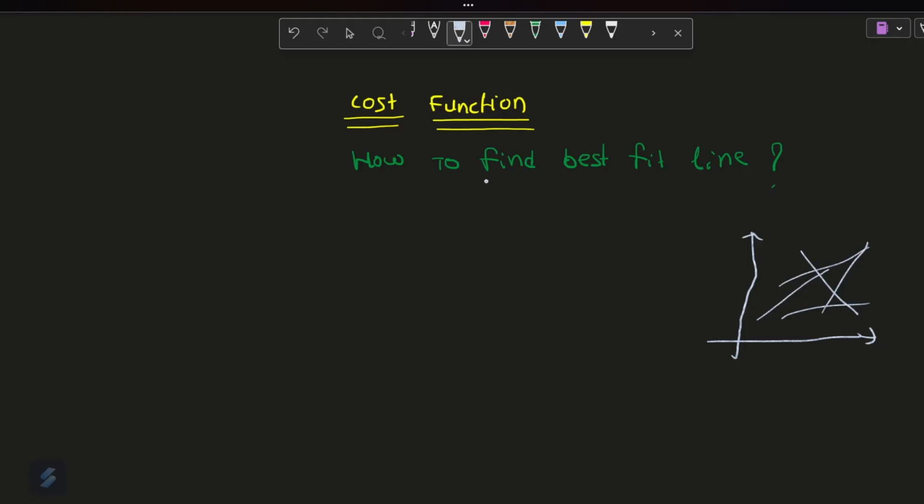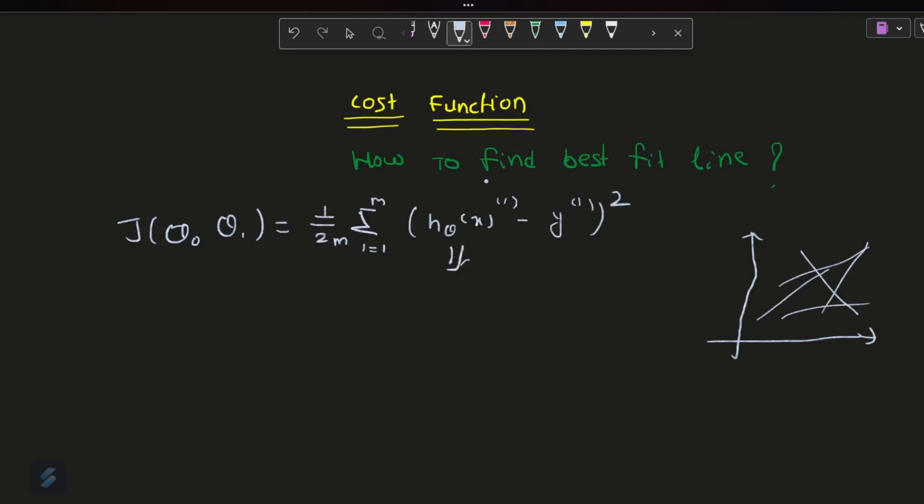The cost function J of theta 0 and theta 1, the intercept and slope, is equal to 1 by 2m times the summation from i equals 1 to m of h theta of x minus y, whole squared. Here h theta of x is your predicted point, and y is the actual point.